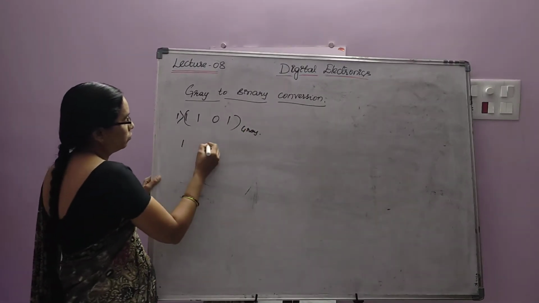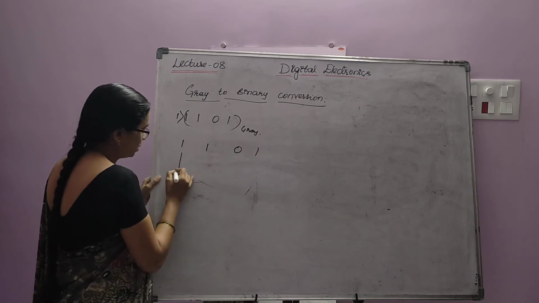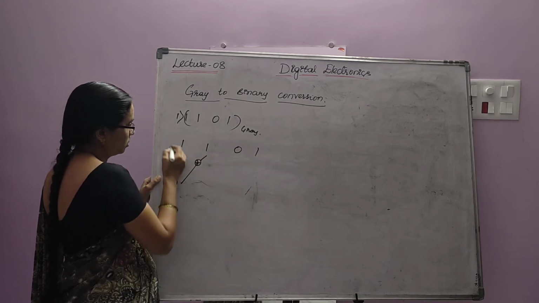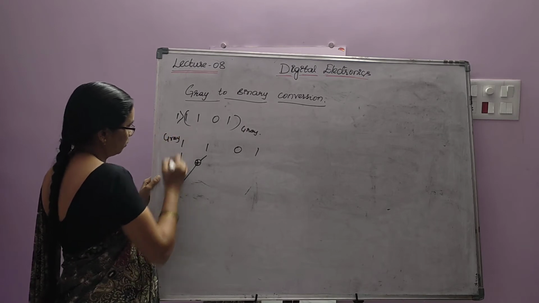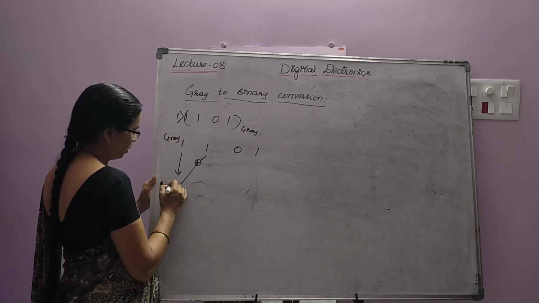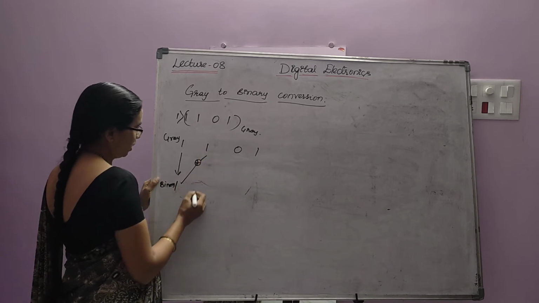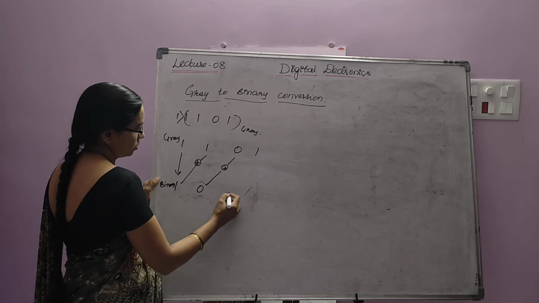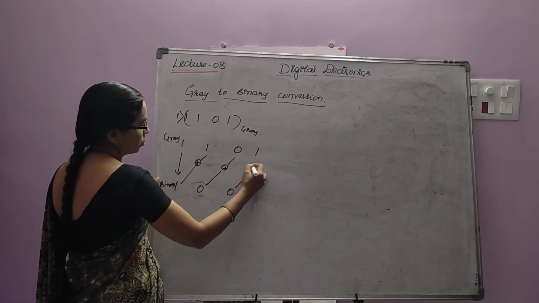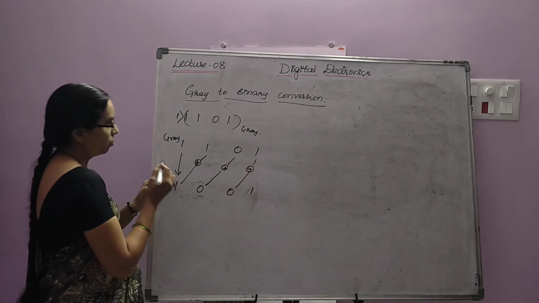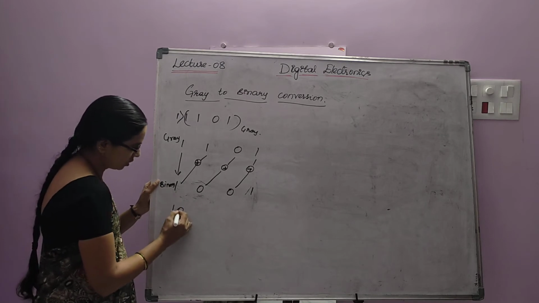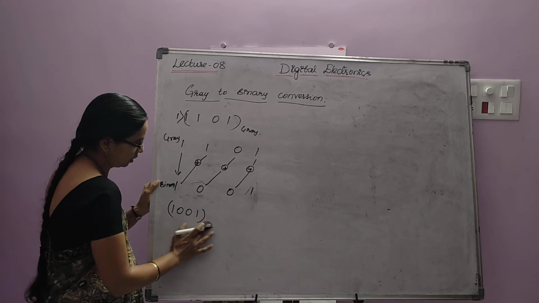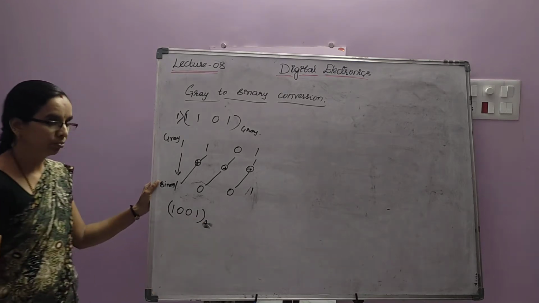So for 1101, 1 is written like that only, and this answer bit is XORed with the next gray bit. 1 XOR 1 is 0, 0 XOR 0 is 0, 0 XOR 1 is 1. So for gray 1101 we are getting the answer 1001 as binary.